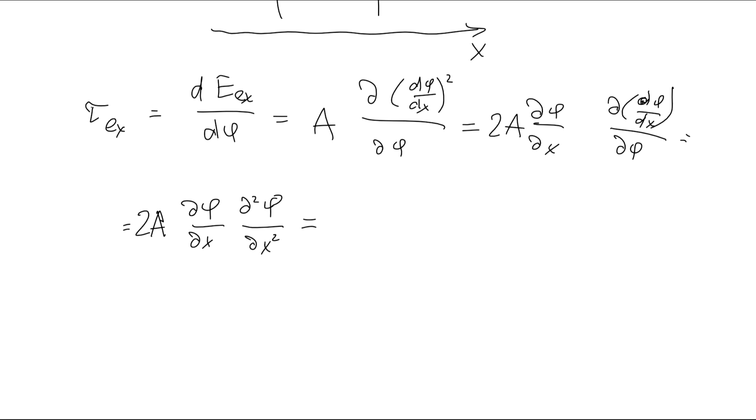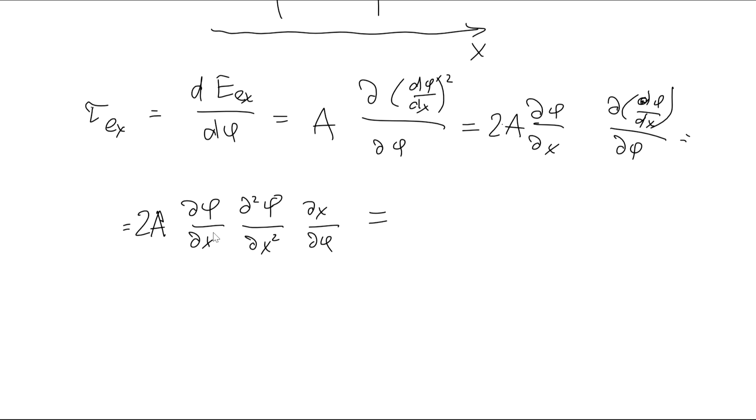Oops, I missed one term. What I missed is dx over d phi. We took the derivative of a square function, 2A times the derivative of the function itself. Then when we take the derivative of this, that is what it is. So we take d phi/dx squared and dx/d phi.